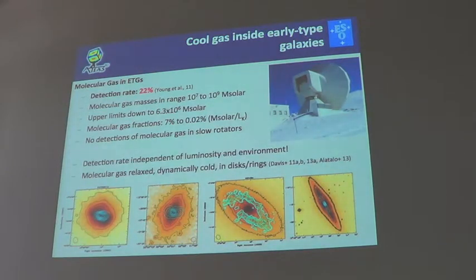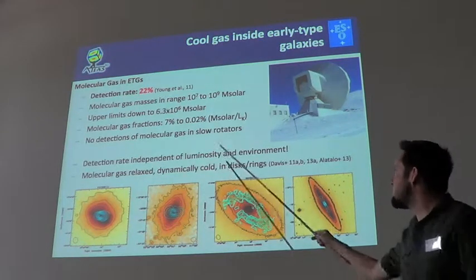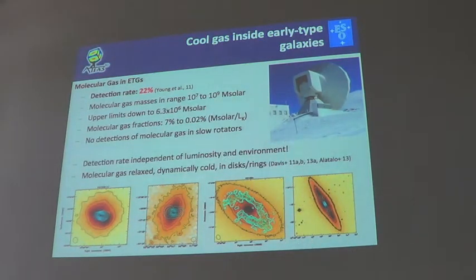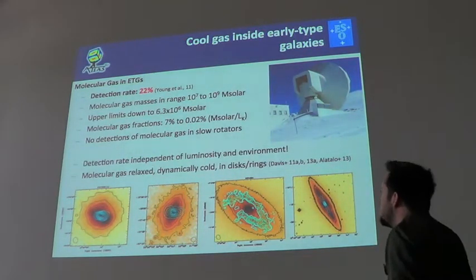We only detect molecular gas in fast rotating early type galaxies. It doesn't seem to matter whether they're E or S0, that classification doesn't really matter here. What matters is whether or not they're really slow rotators. Those 10% of galaxies in the universe don't seem to have molecular gas, and that fits with the picture of how we think they form through dry merging.